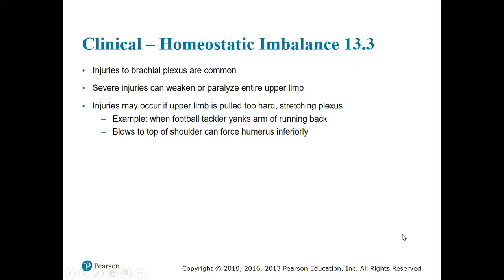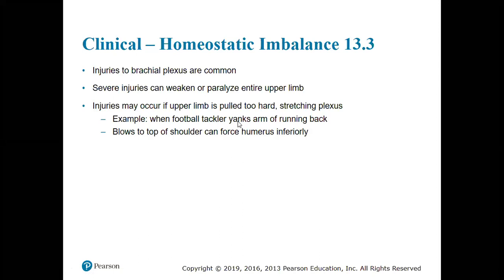All right, injuries of the brachial plexus are common. Severe injuries can weaken or paralyze the entire limb, so make sure we have this in mind. What type of situations do we see this in? We see this happen sometimes in football when someone's running.